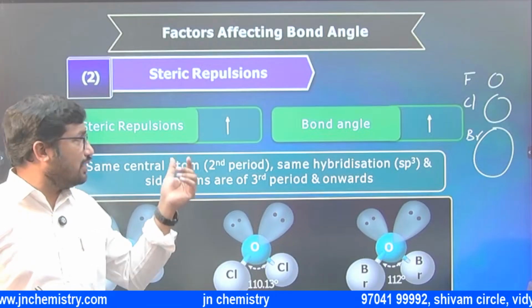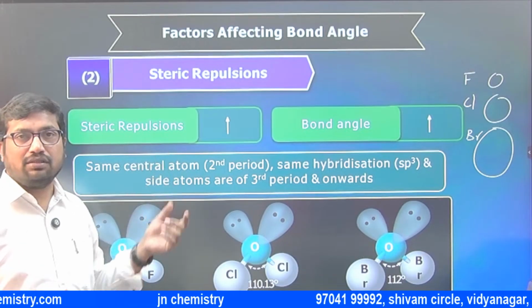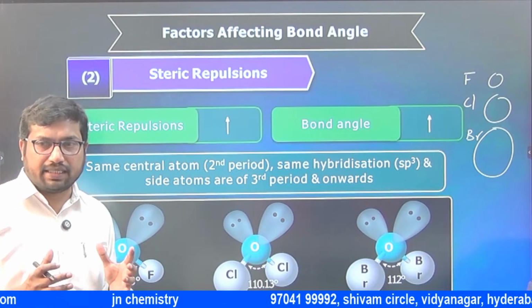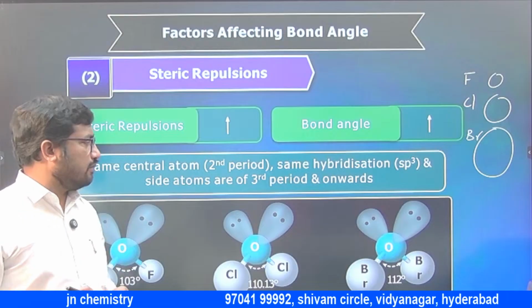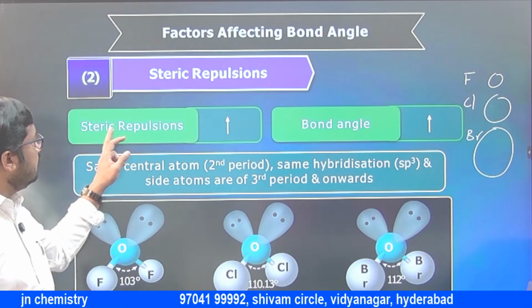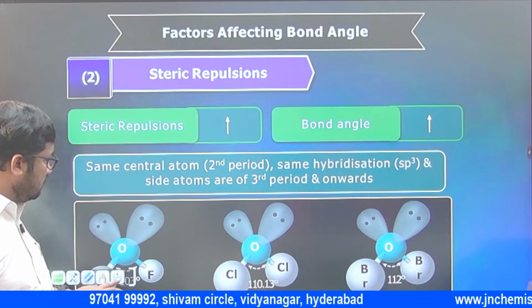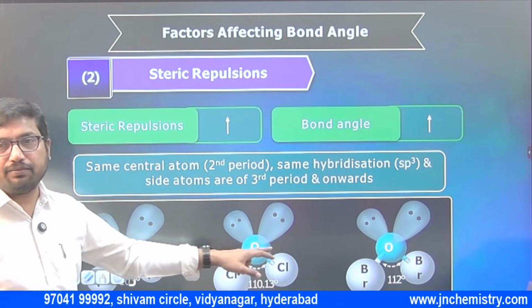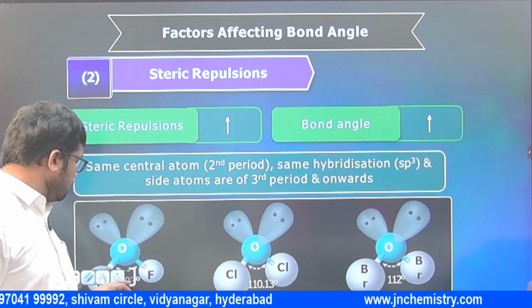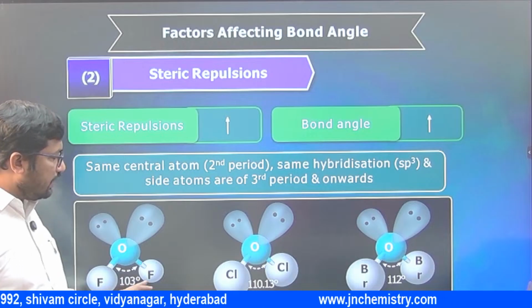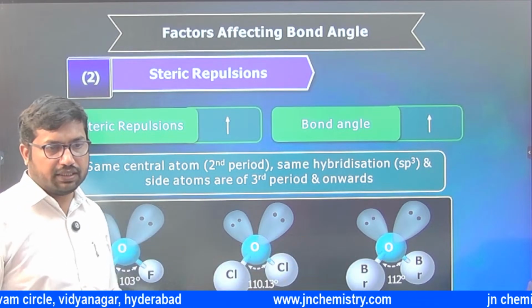A lot of people are confused about steric repulsions. Sir, what is steric repulsions? What is steric? Steric means bulkiness. This is the second point. So even write down these angles sometimes: 103, 110. You can write, right?